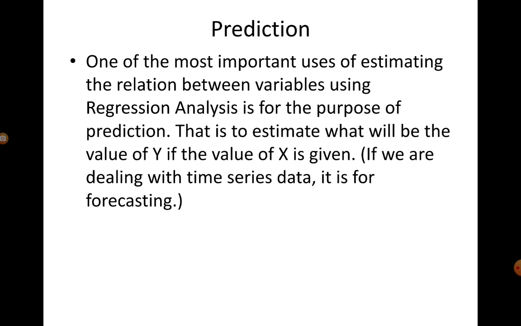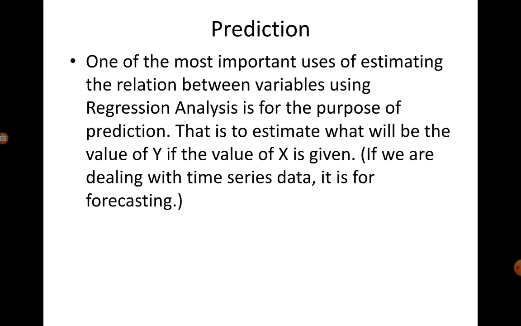When you're dealing with historical data or time series data, we even use the term forecasting. So if you have done a time series analysis or a regression of data regarding stock market values, or maybe a regression that explains the value of gold prices, you can use the regression estimated by you to predict, or forecast, what will be the value in the stock market of a certain share in the future, or the gold prices in the near future.